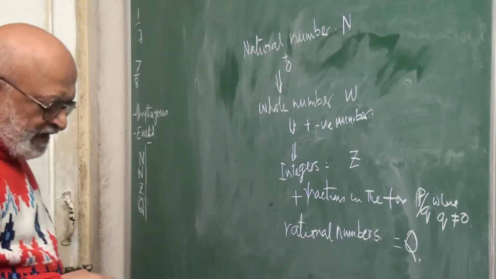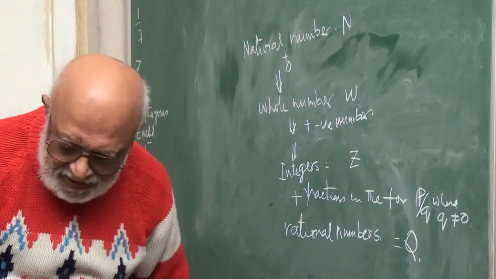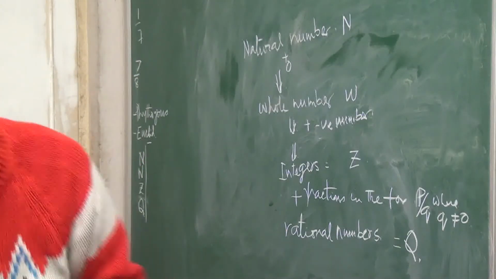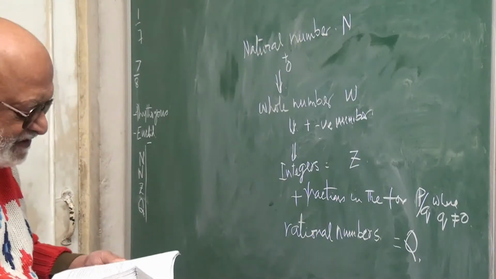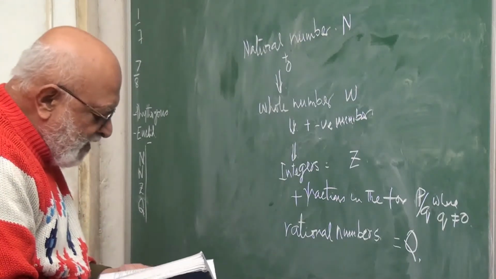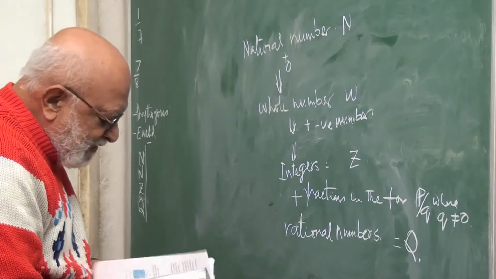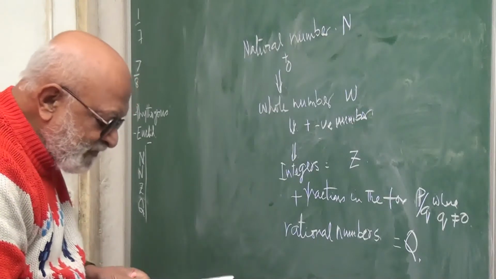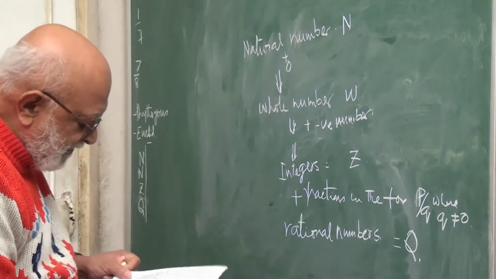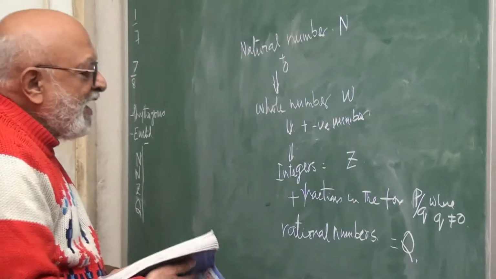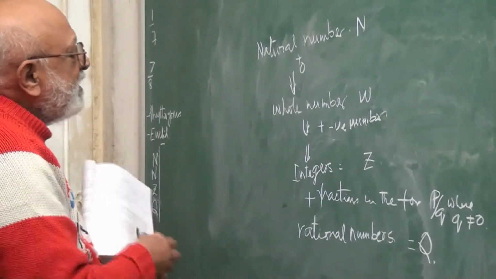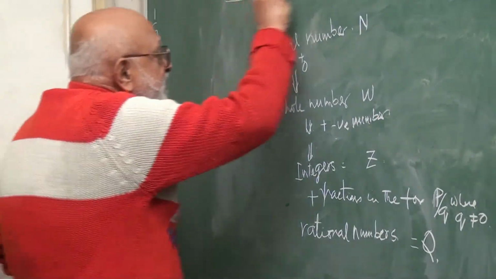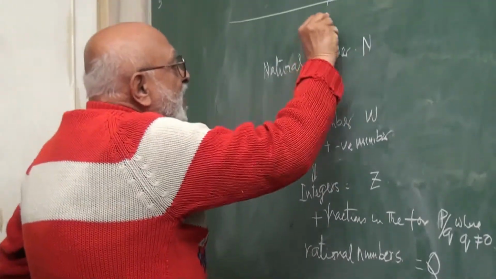Now there are interesting things in chapter 1, Exercise 1.3. There are some interesting questions, and you can go through them and answer them also. In the number line there are an infinite number of points.